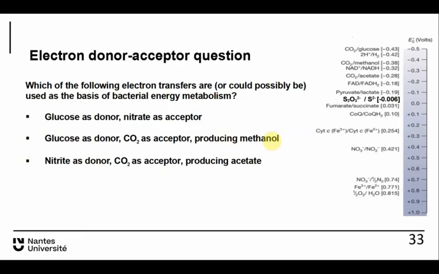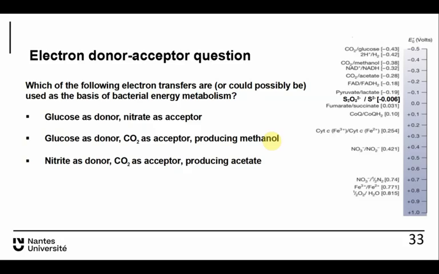How about this one? Nitrite as a donor, CO2 as an acceptor, and it produces acetate plus nitrate. I think I'll draw this one up on the board. So what am I saying here?